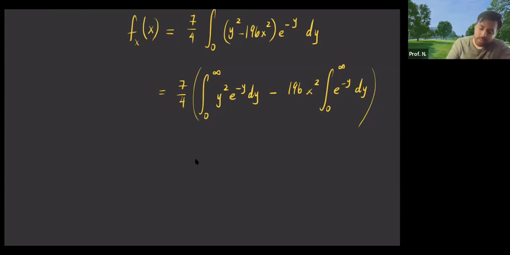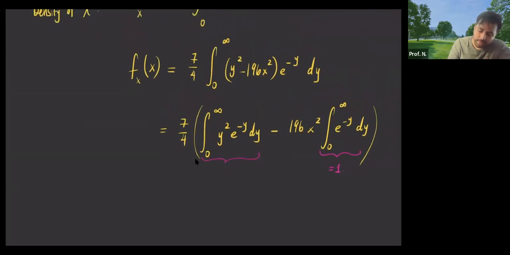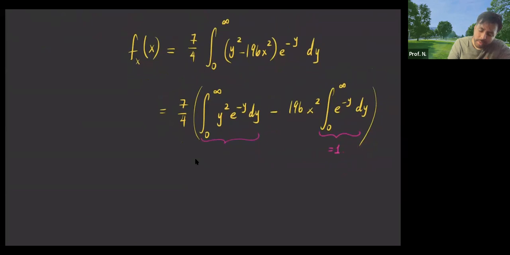And we already did this integral here. It's equal to 1, so we know that's going to be 1. And we already did this integral here as well. Or we can actually compute this because this is the expected value of y squared, right?